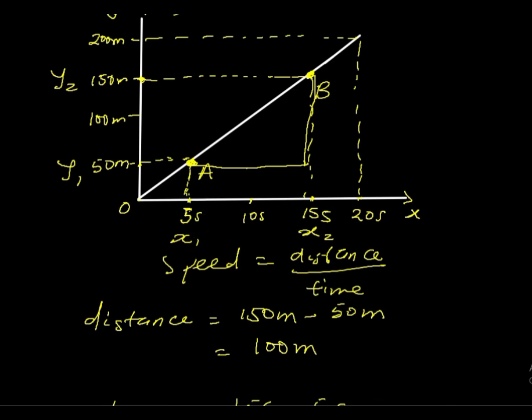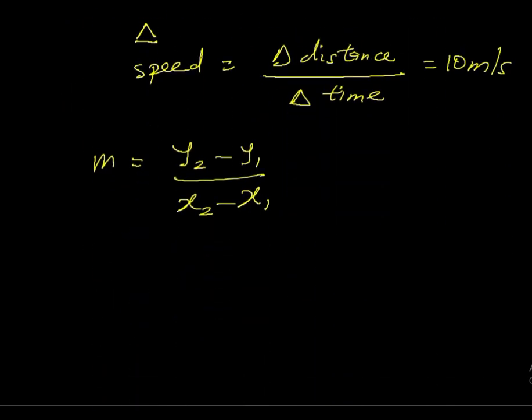So if we input these values in our formula for the gradient of a straight line, we should have y2 as 150 meters minus 50 meters all over 15 seconds minus 5 seconds.